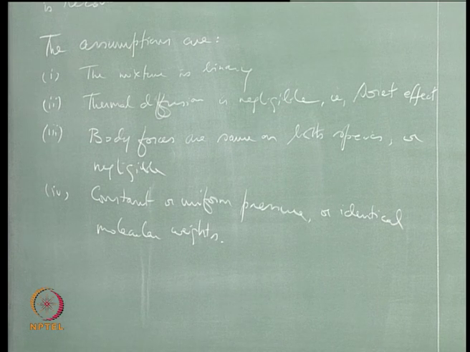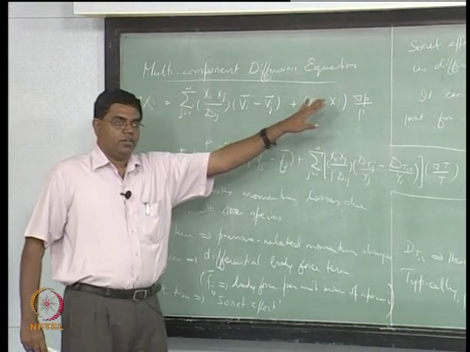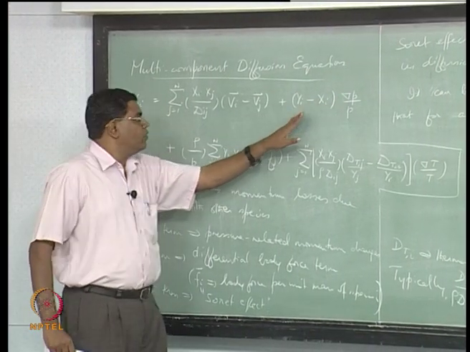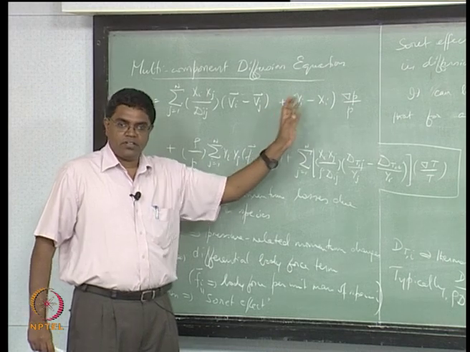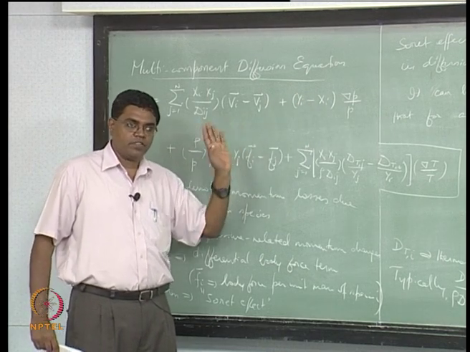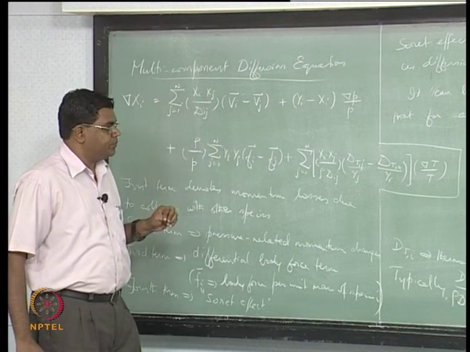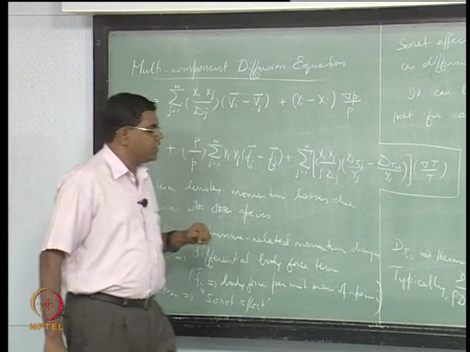Either of them will do. If you had a grad P that is 0, that's okay approximately, or if yi is approximately equal to xi, that means both molecular weights are approximately the same, then that would work as well.